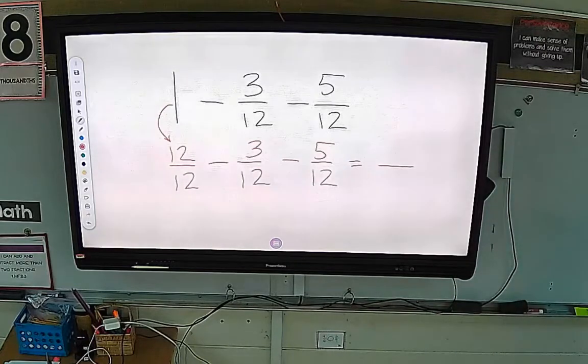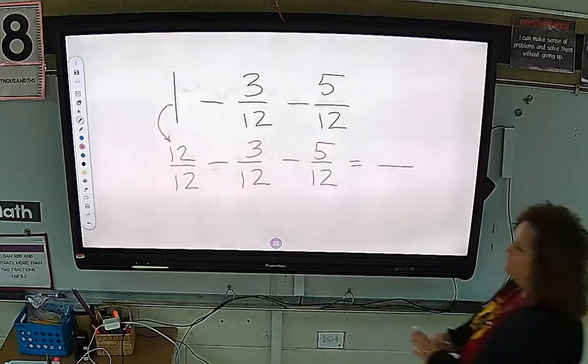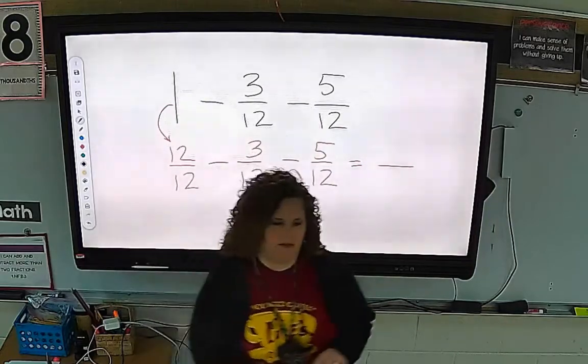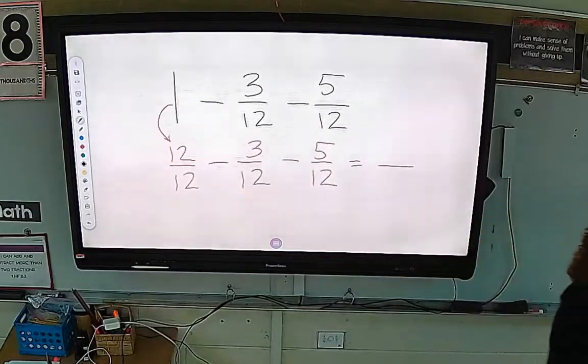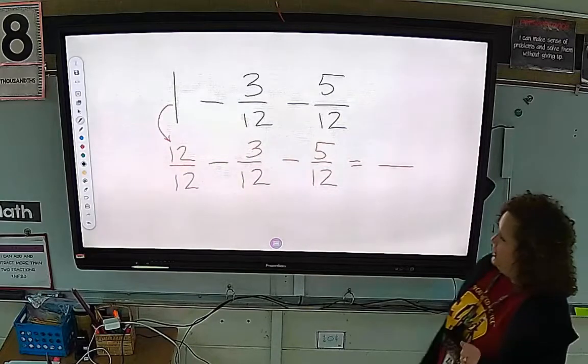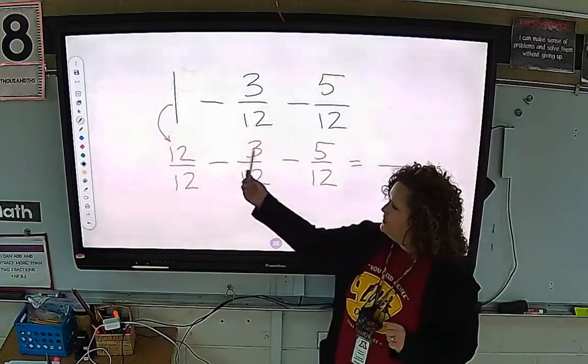Go ahead, Will. What you got? Say it one more time. 5 twelfths. Anybody agree with Will's answer? You got 5 twelfths as well? No? Disagreement? Okay. So if you disagree, what did you get? I got 4 twelfths? Anybody agree? Some of you agree with that? Let's check it out. You got 12 and you take away 3.